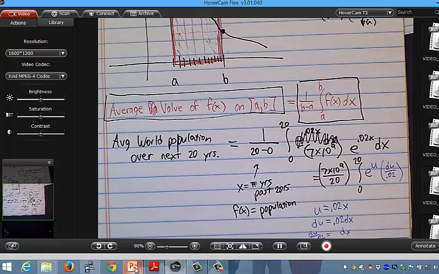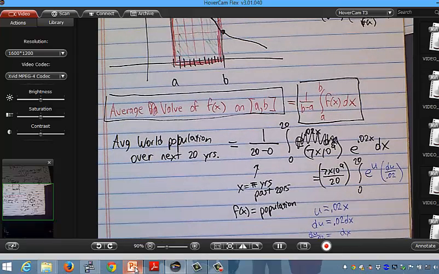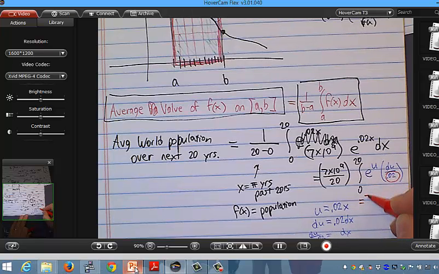So now moving on, let's see what I can do. Well, remember what I said to do with this 0.02? Pull that out front. So I have 7 times 10 to the 9th over 20 times 0.02 in the denominator. And now I'm integrating 0 to 20 e to the u du. Okay.